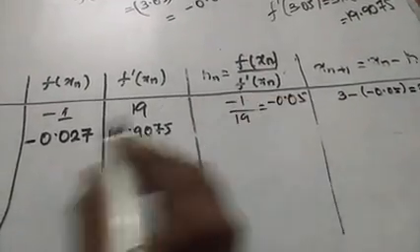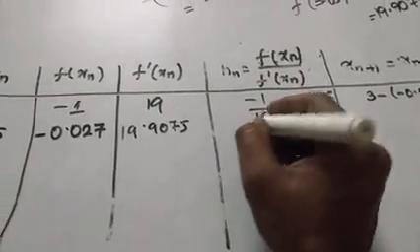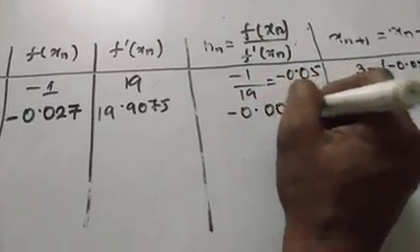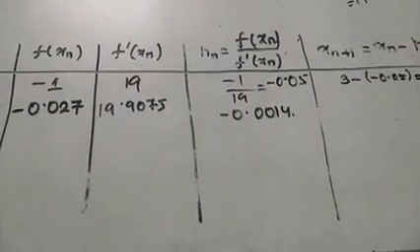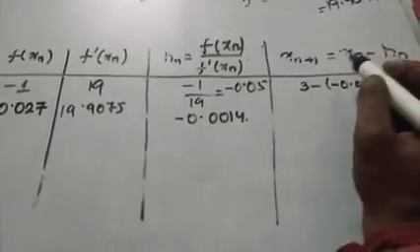Now again we have to find the division of these two. So I'm just writing directly the division result, that is minus 0.0014. Dividing this by this, we will get minus 0.0014. And then finally the next step, xn.